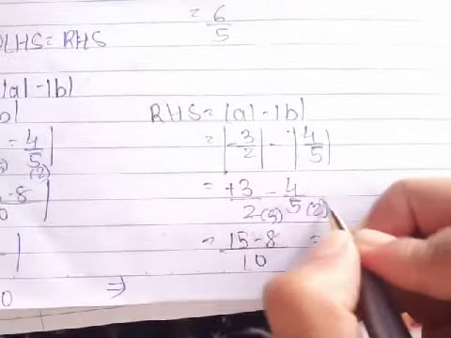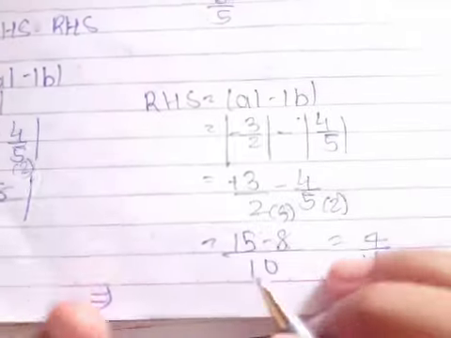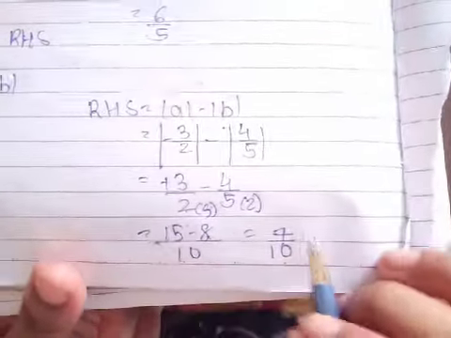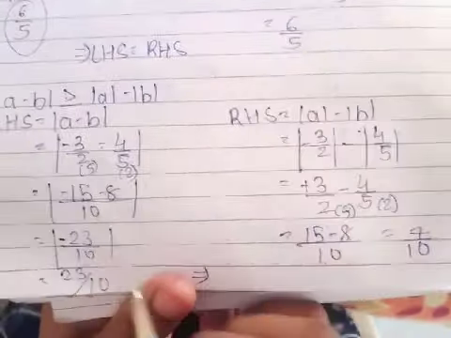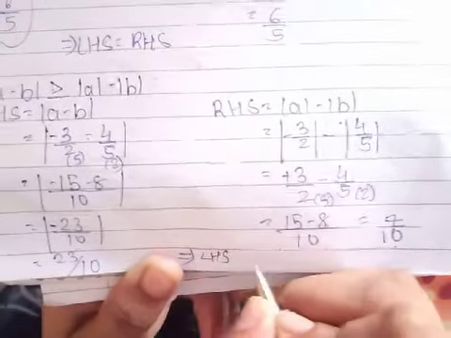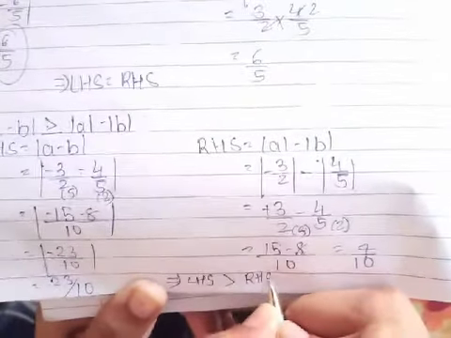Here 5, here 2. 5 into 3 is 15, 4 into 2 is 8. 15 minus 8 upon 10 is 7 by 10. So which implies that LHS is greater than RHS. So now let's do the last question of this chapter.